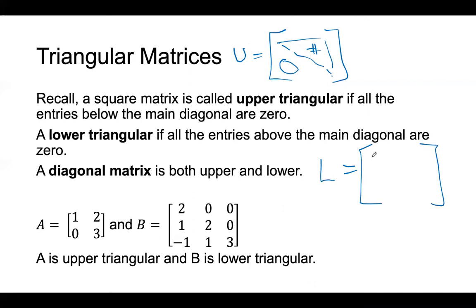If all the values above the main diagonal, so this is that main diagonal, are 0, and these are numbers. And a diagonal matrix is both upper and lower. So this one is upper, and this one is lower. I mentioned this before.